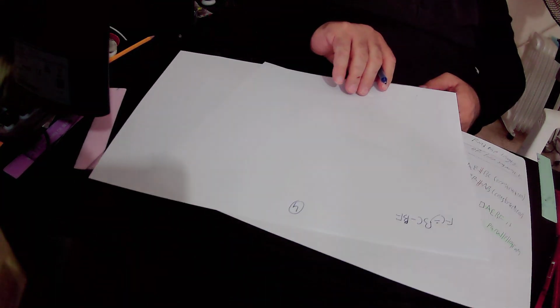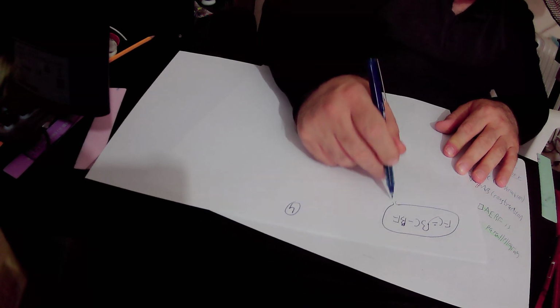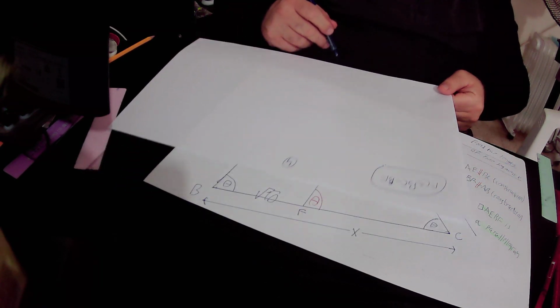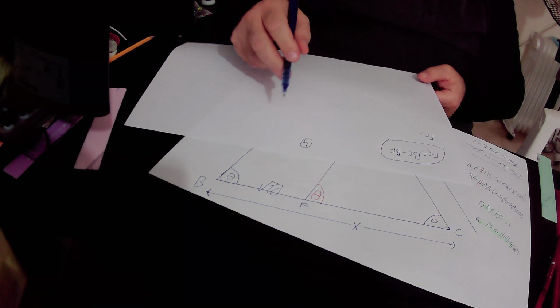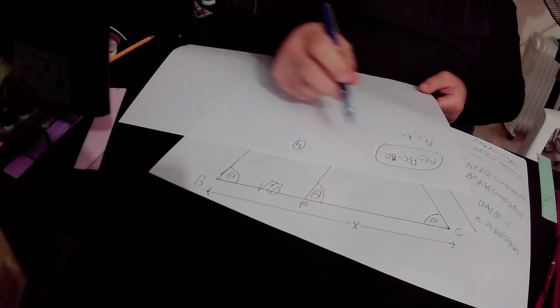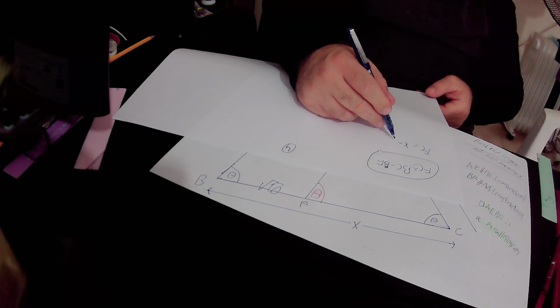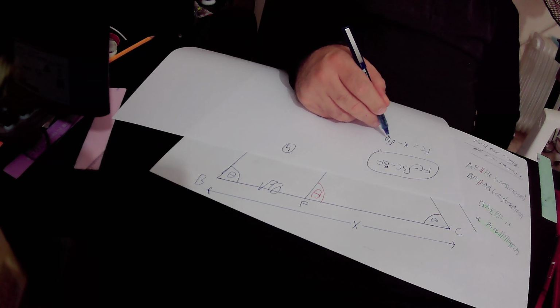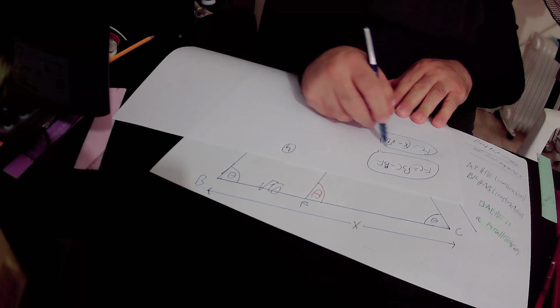I repeat again, FC equals BC minus BF. So FC equals BC, that is actually X according to what is given in the question, minus BF. We just found out that BF equals square root of 10. So in conclusion, FC equals X minus square root of 10 units.